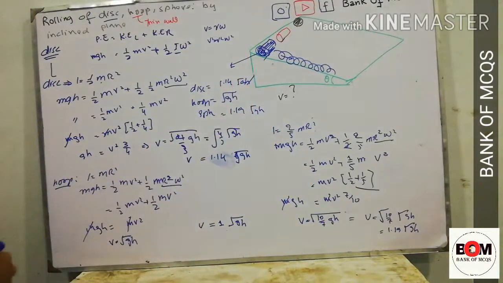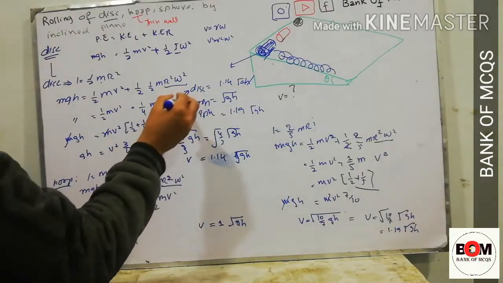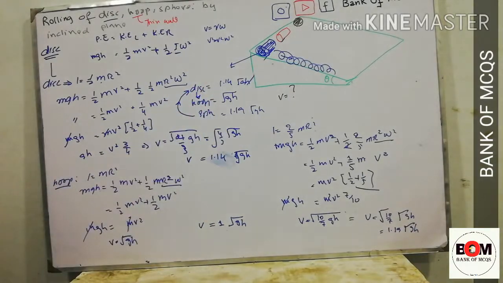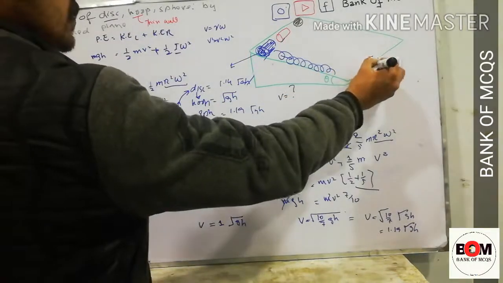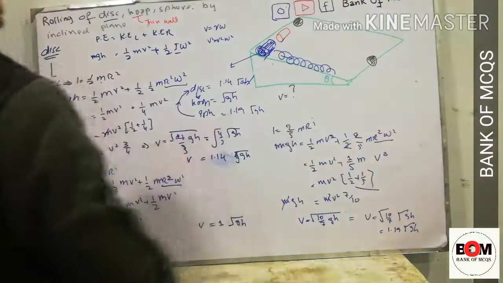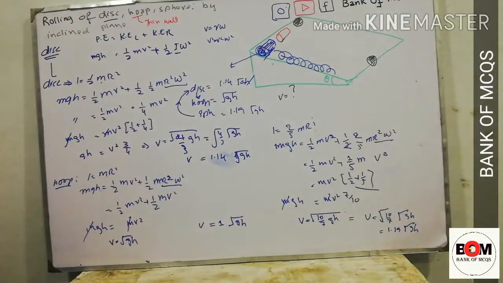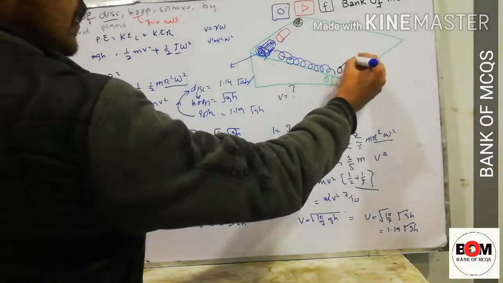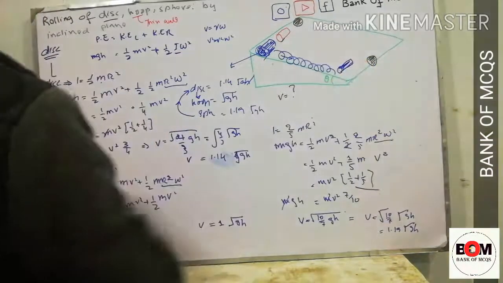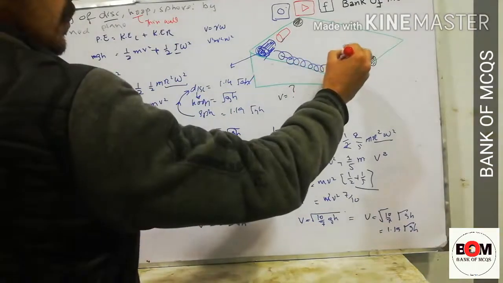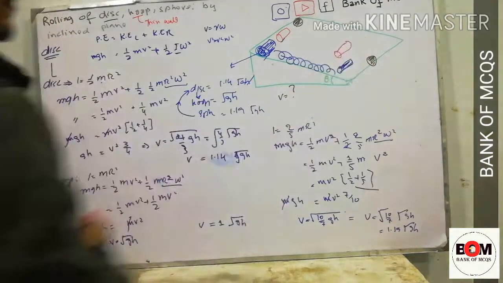So we can say that the sphere has higher velocity than the disc, and the disc has higher velocity than the hoop. So the sphere will reach down first because it has the highest velocity, then the solid disc will come second, and the third, the hoop, will be the last of all of these.